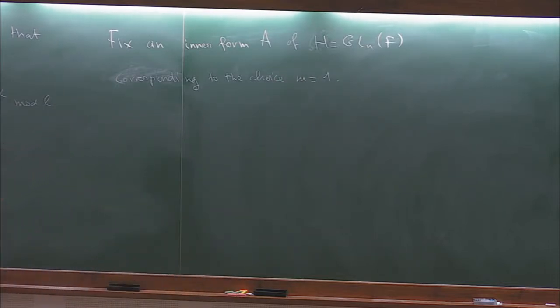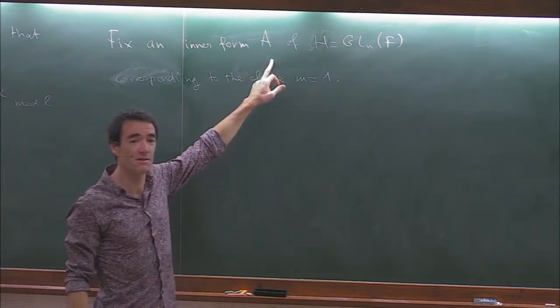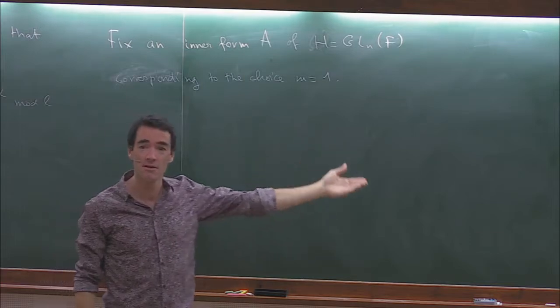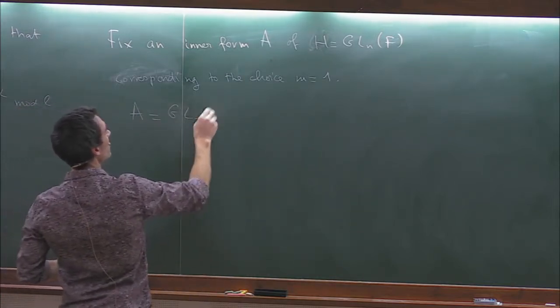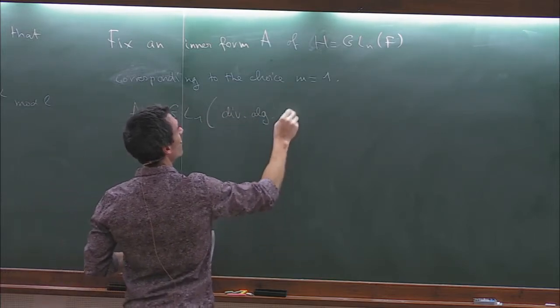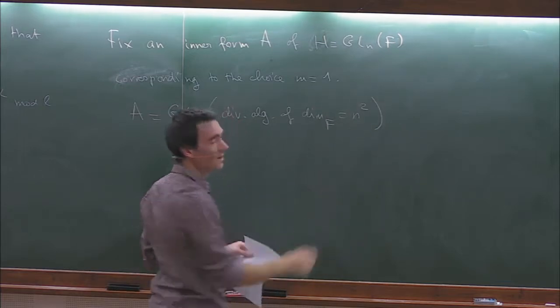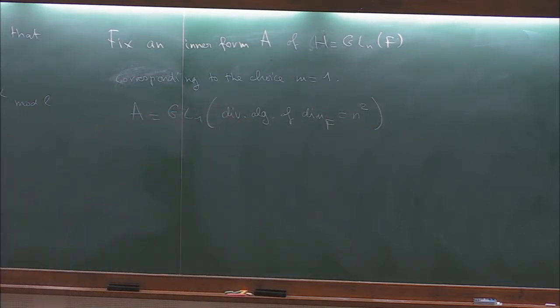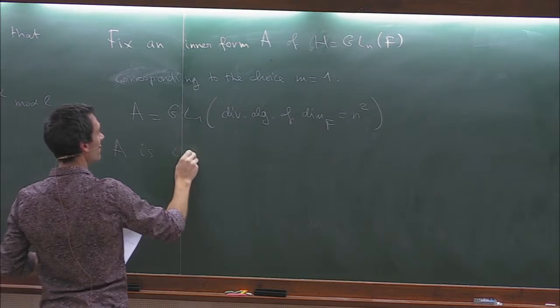Is it clear like this? So what I want to say is that A is an inner form of the form GL1 of some division algebra. So if you prefer, A is GL1 of some division algebra of dimension over F equal to n squared. Okay, so in particular, A is compact mod center.